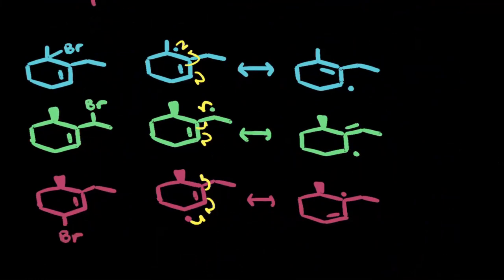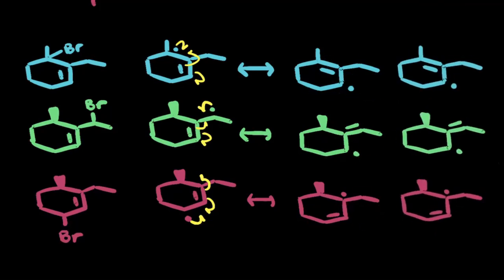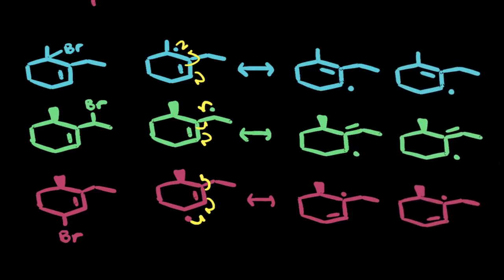And then we do the same thing for the other resonance structures. You got a bromine at this allylic position, a bromine at this allylic position, and a bromine at this allylic position. So that means that considering this, we get a total of 6 different regioisomer products.